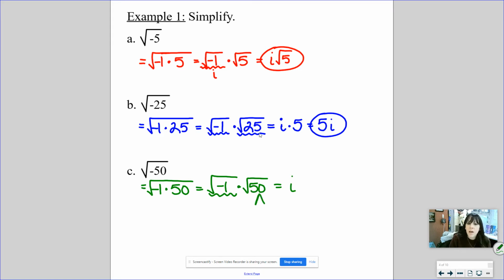It can be simplified, not like 25. It's not going to be just a whole number. But you can do a factor tree for 50 and figure out what that would be as a reduced radical. So this is what we did at the beginning of Unit 2. So this would end up being 5 radical 2. And then we're just going to do a little rearranging to make this look better. So this would actually look a lot better, I think, if we put 5i and then put the radical 2 at the end.